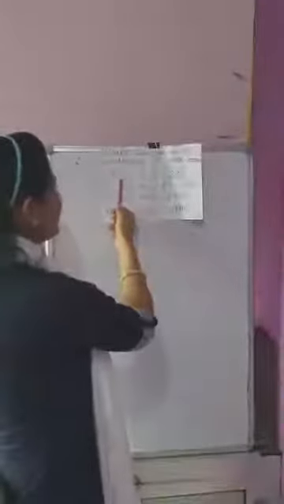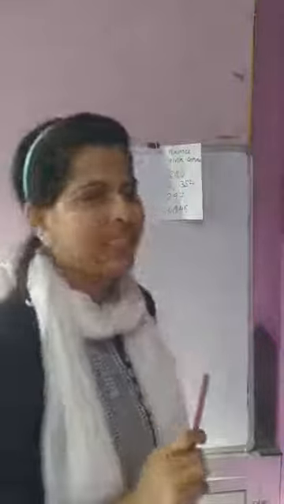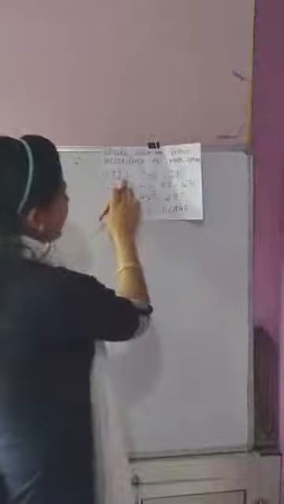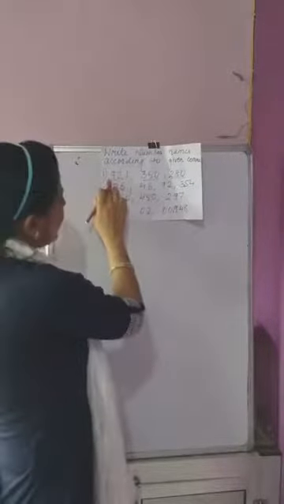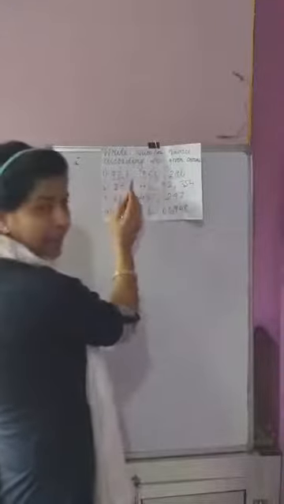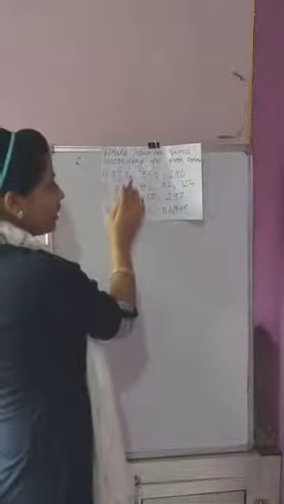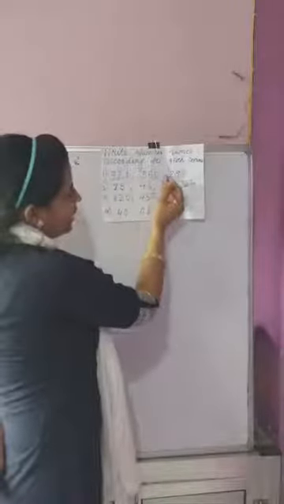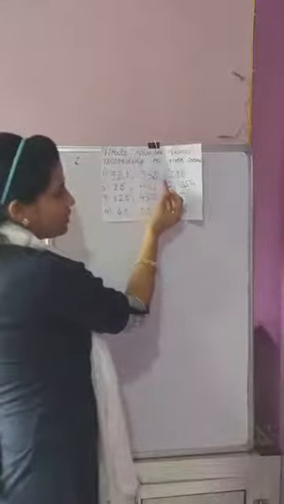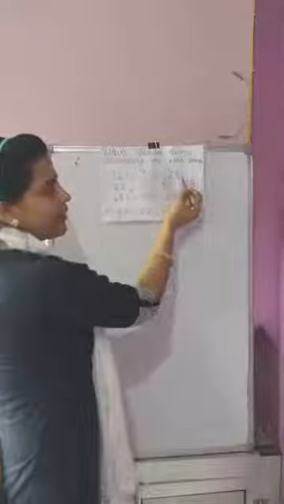So how do you read it? First try to read it. Then you can write the number names correctly. This is 921, and this comma represents a period. I have told you, this comma is representing million. 921 million. 350, again comma, 350 thousand because this comma is representing thousand, and last is 280.